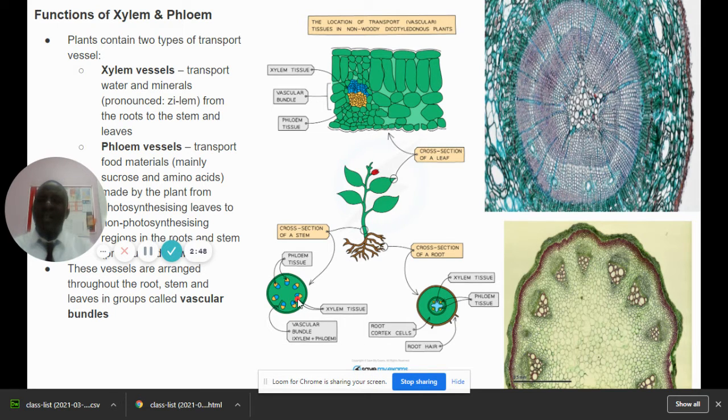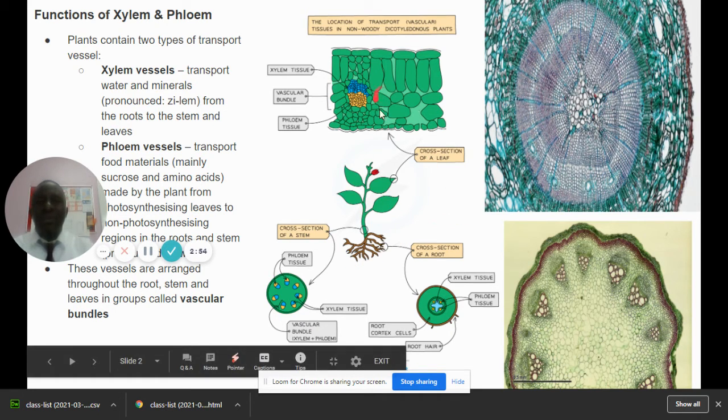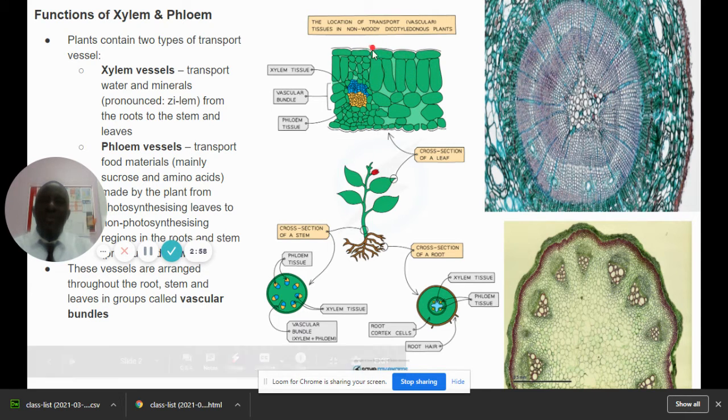Let's take a look at the leaf first and see the location of the vascular bundle. When you look closely at this internal structure of the leaf, we have the upper part, which is the cuticle, then the epidermal cells, then we have the palisade mesophyll layer.